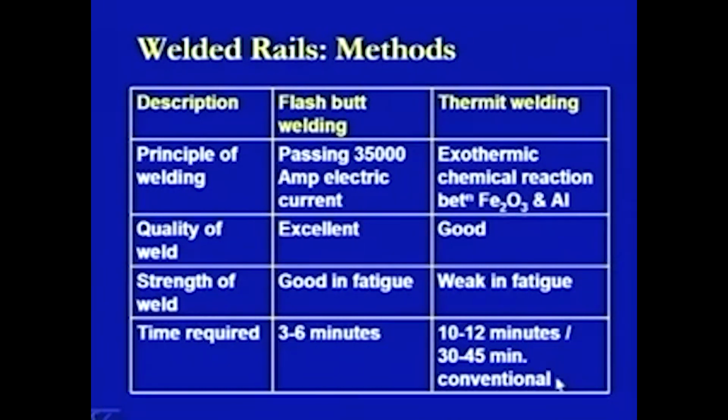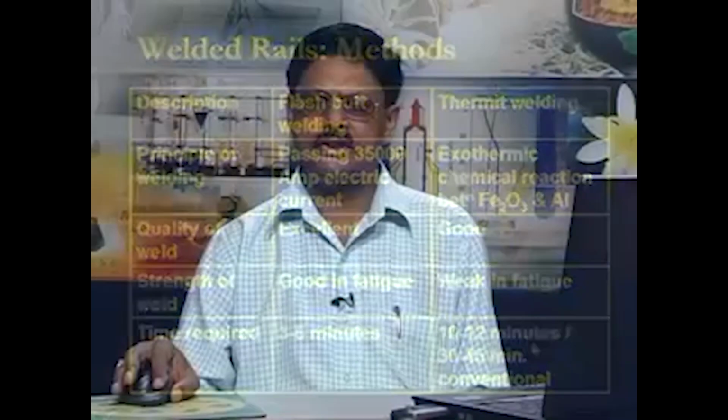There is one conventional method and the other is a short period method. In the conventional method, it takes around 30 to 45 minutes, whereas the shorter method takes 10 to 12 minutes. In this case, generally a preheating is done so that the time is reduced in the thermite welding process.